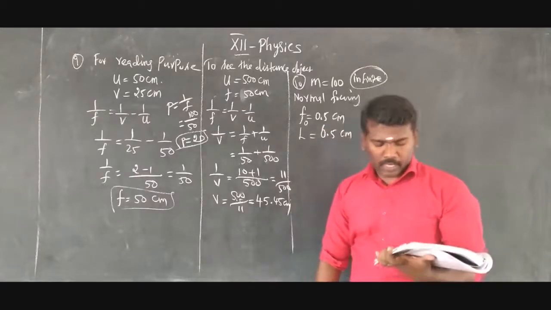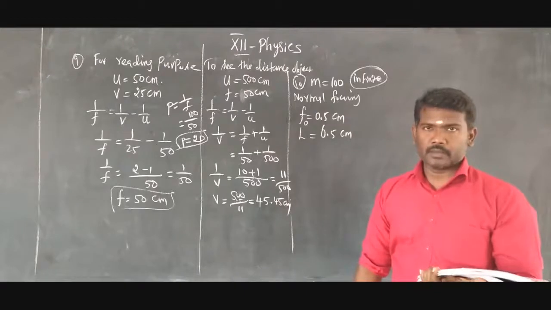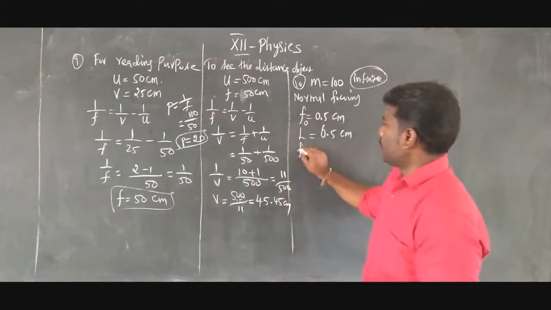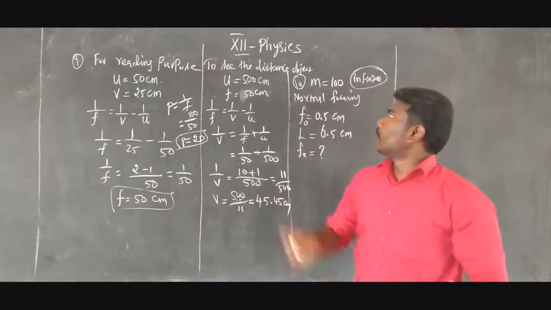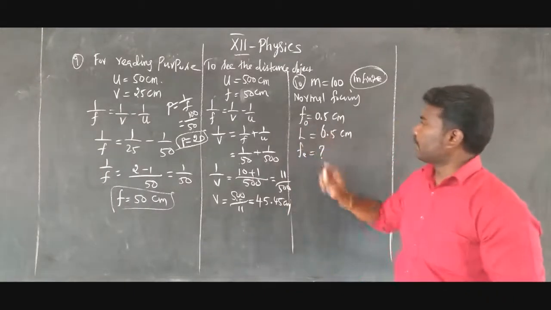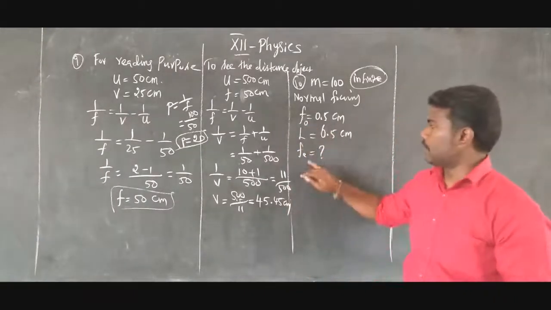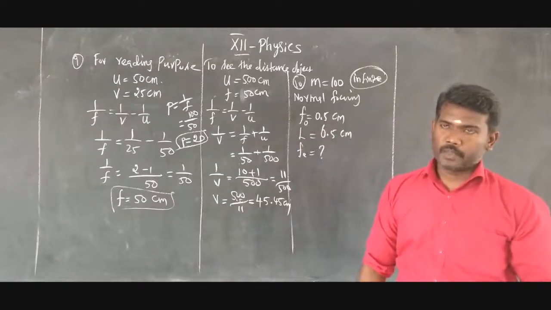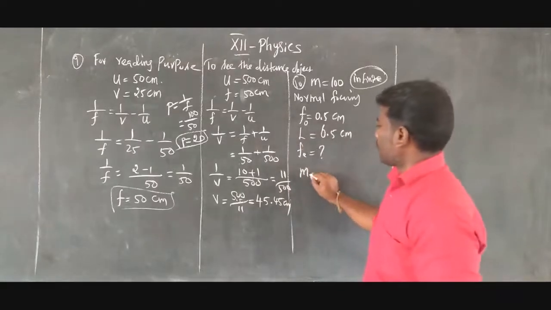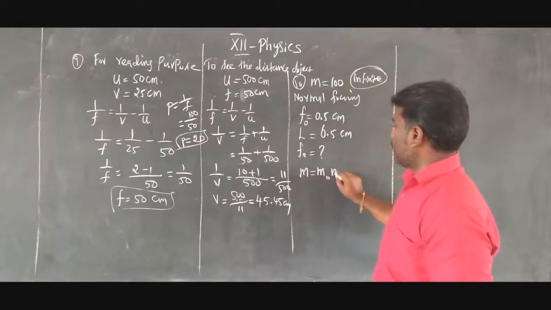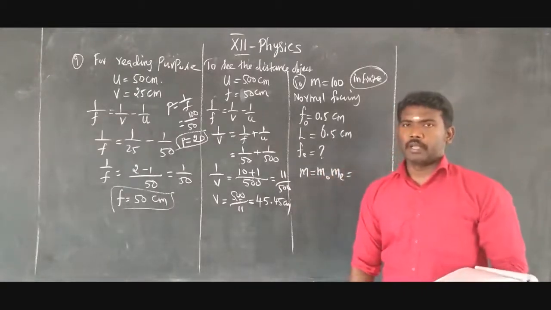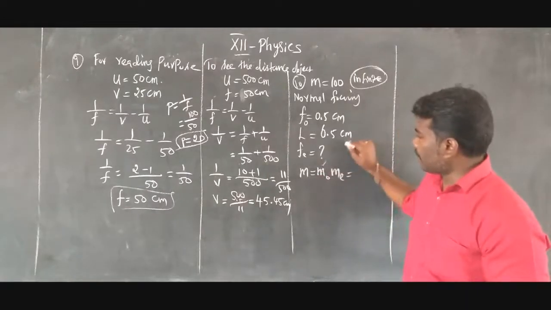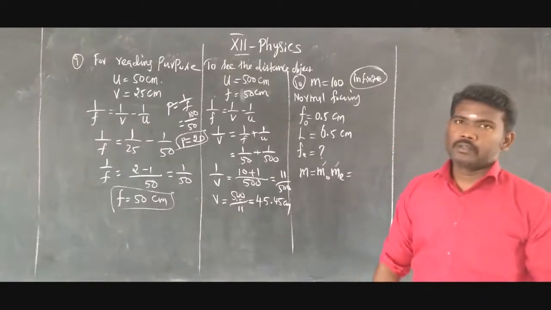And what is the focal length of the eyepiece? Focal length of the eyepiece, FE. So magnification is given, F naught is given, L is given, and FE we are going to calculate. The magnification formula for the compound microscope is M is equal to M naught times ME. The M naught value and ME value are not given.